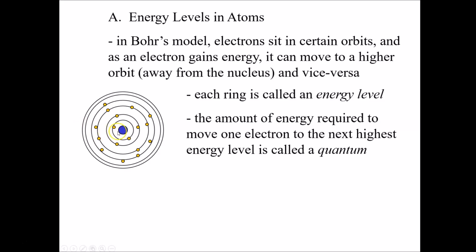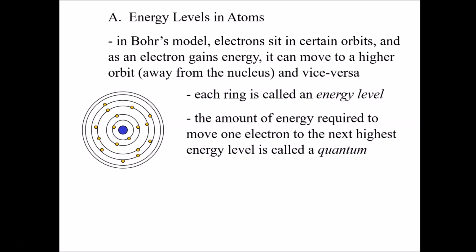And it turns out that electrons can move from one energy level to another. They can jump from one energy level to another. And to take one electron from one energy level to the next requires a certain amount of energy. The amount of energy is known as a quantum of energy. The word quantum is just Latin for a certain amount.